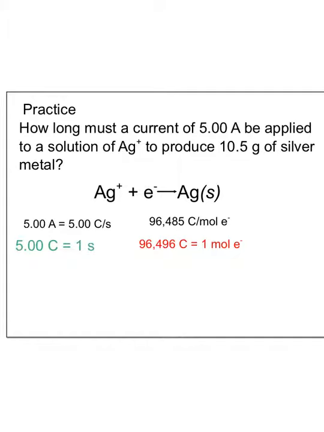So if I have a current of 5 amperes, we know that 5 amperes is equal to 5 coulombs per second. So I split that in green: 5 coulombs equals 1 second. That'll be useful for us. And then we also know Faraday's constant, 96,485 coulombs per mole of electrons. So I split that into 96,485 coulombs is equal to 1 mole of electrons.